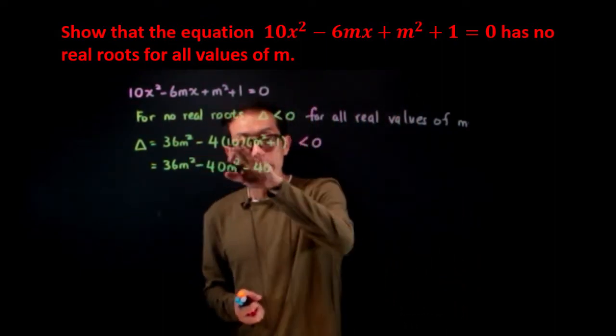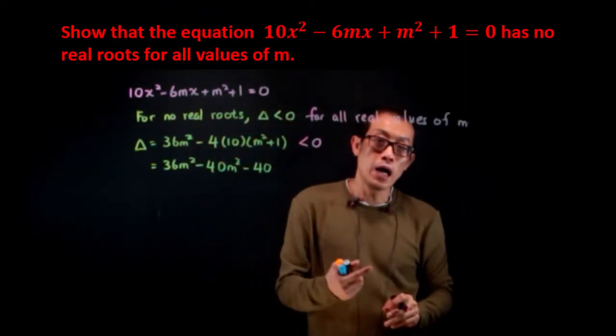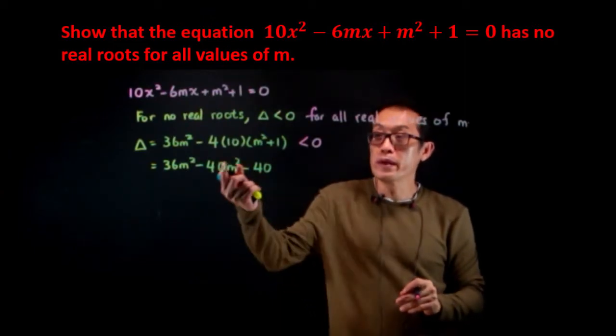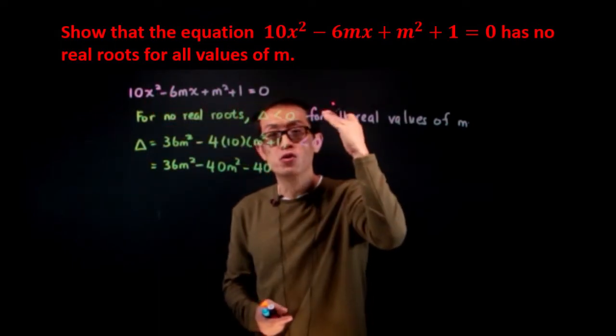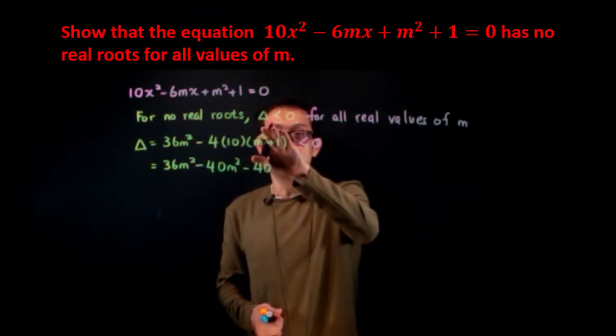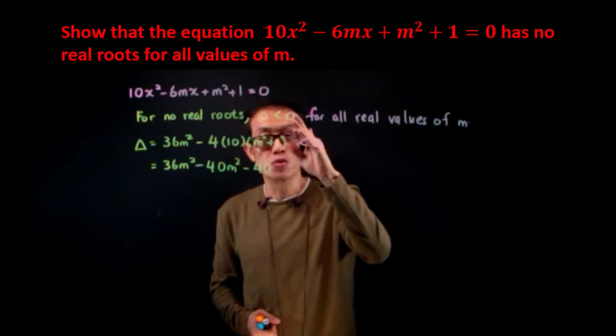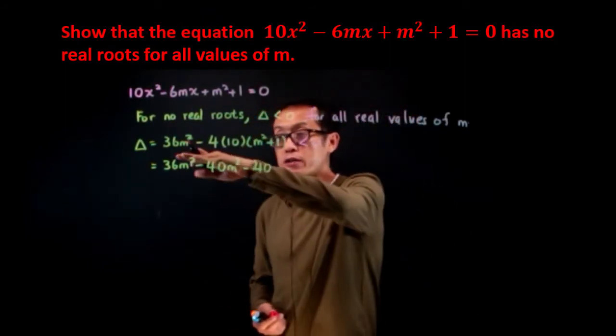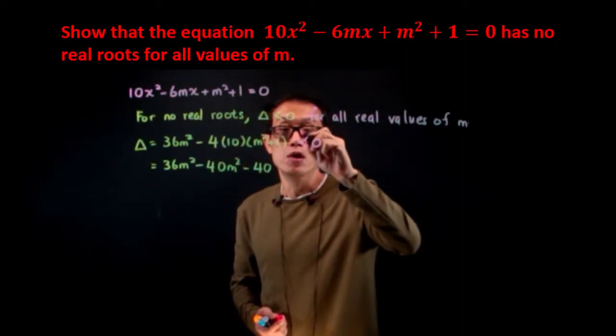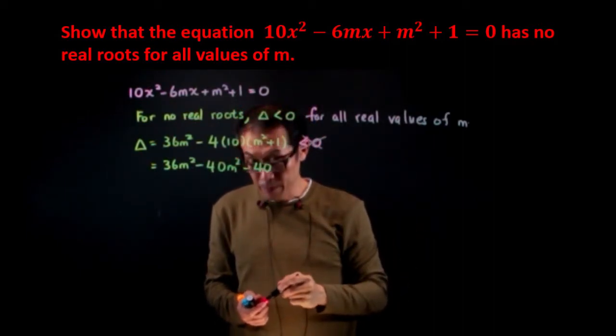By writing this, you are assuming that it's less than 0. They are asking you to prove that there are no real roots. If there are no real roots, that means the discriminant is less than 0. So you need to prove that the discriminant is less than 0. So you cannot write this statement less than 0. You are supposed to prove.